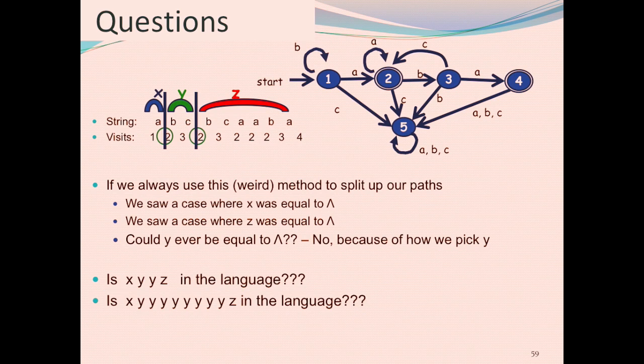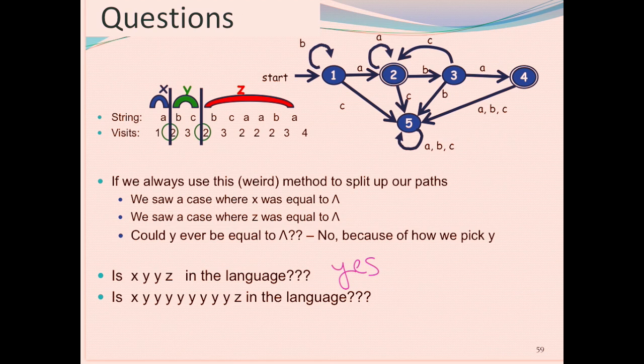And furthermore, I think that x, y, y, z is in the language no matter what DFA I have. Because wherever y starts and ends, it's always the same state. You can imagine that the x part has me following a path through my DFA, visiting a bunch of states.